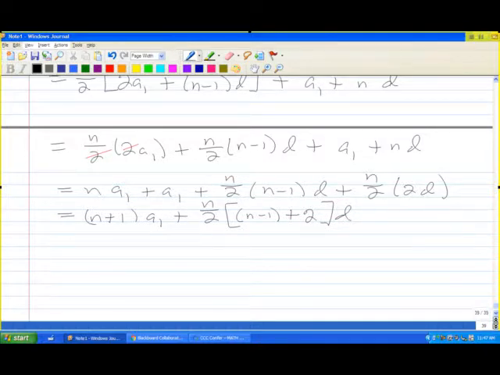Okay. And so this becomes, well, I'll write this as n plus 1 over 2 times 2a1. Maybe I should have multiplied out that whole thing so I can write it as n plus 1 over 2. Yeah, I guess I should have. Okay, so this becomes plus n over 2 times, well, n minus 1 plus 2 is the same as n plus 1 d.